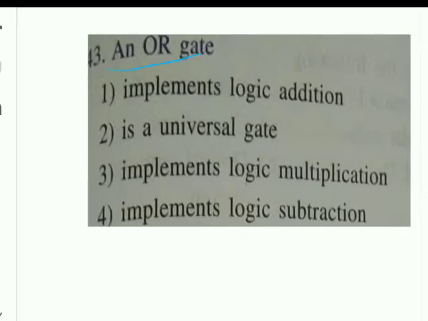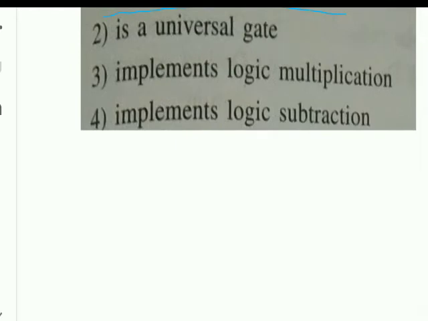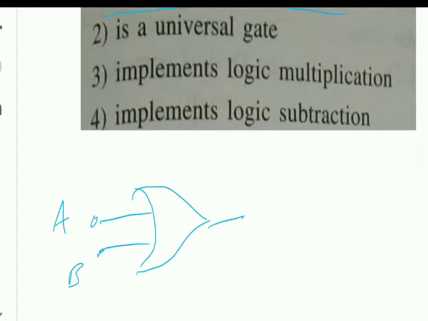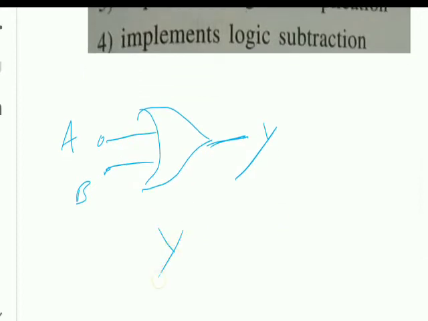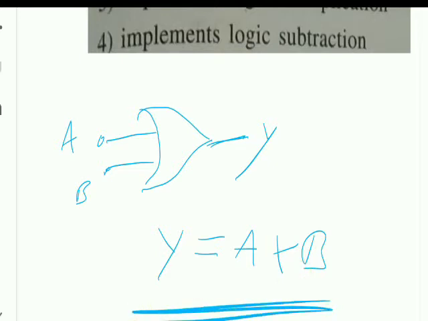One terminal A, second terminal B, output Y. The Boolean expression is Y is equal to A plus B. This is the OR gate Boolean expression.